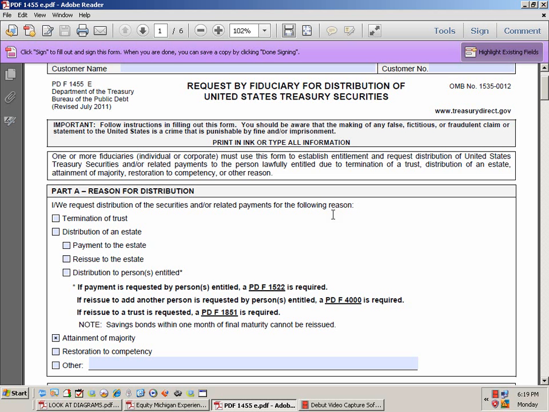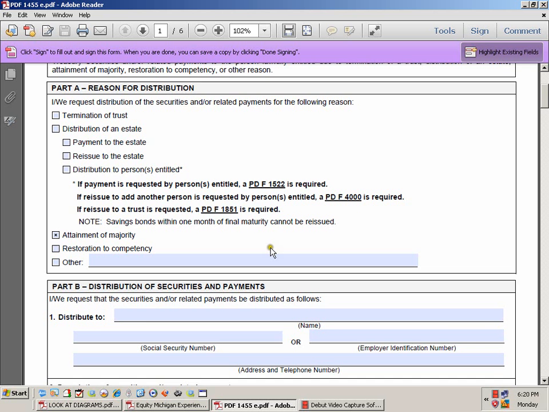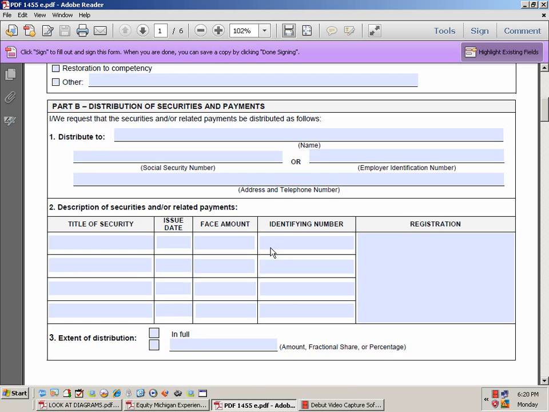They make you a trustee all the time, or they attempt to. They don't want to be the trustee. Well, here's a chance you can be the fiduciary. Say you've attained the age of majority, distribute it to yourself. In the registration block, put the information on the birth certificate, the one on the bond paper.